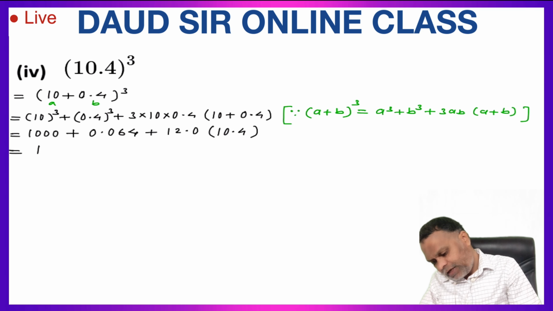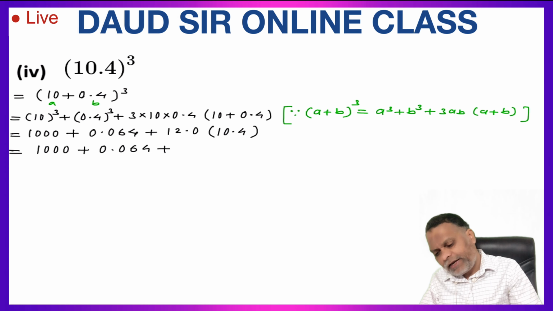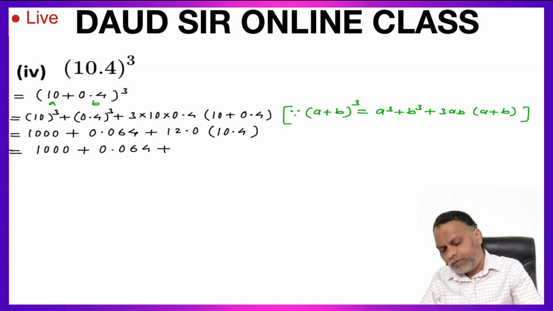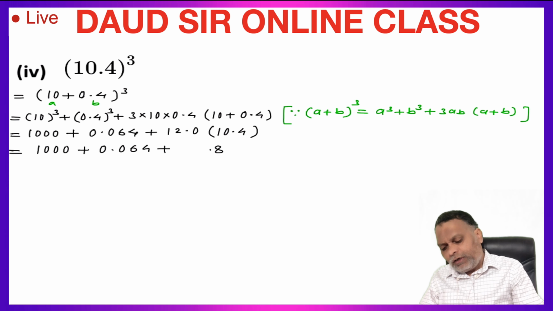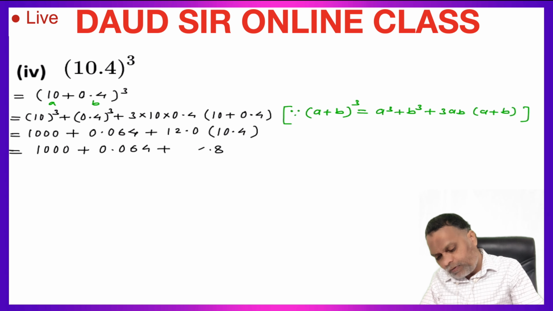So 1000 plus 0.064 plus 12 into 0.4, 12 4s are 48, put decimal after 1 place, 124.8.